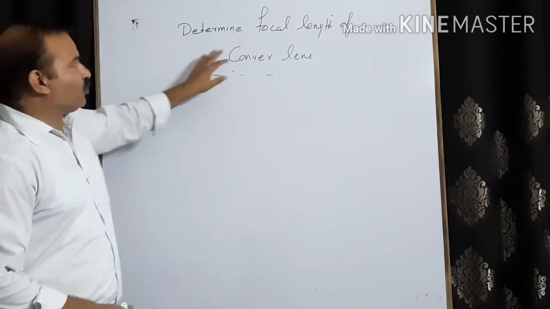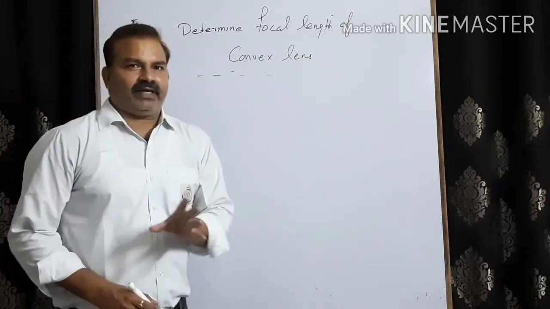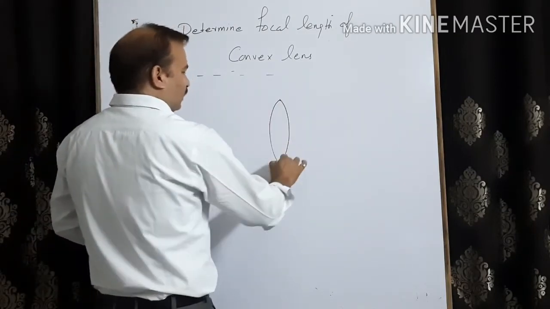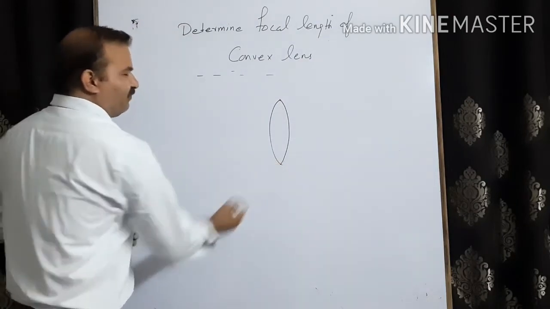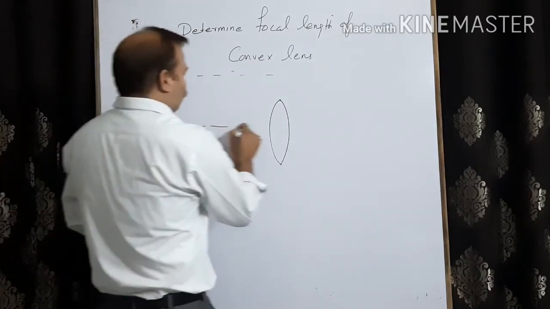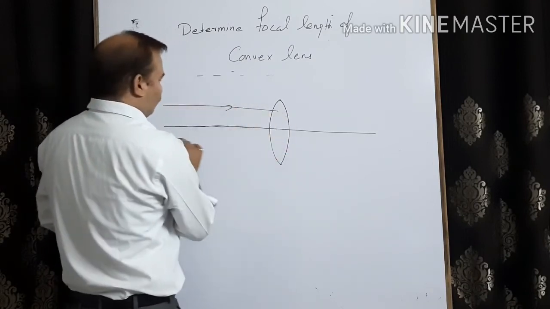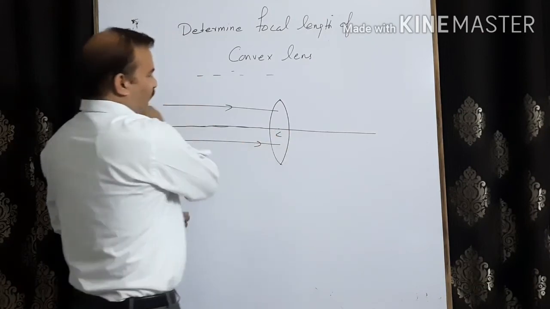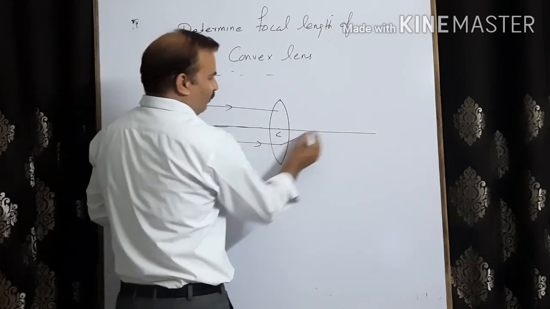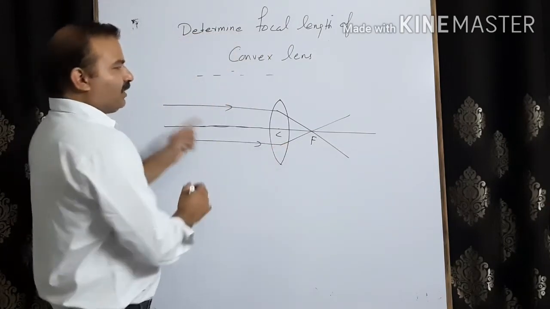Next is how to determine the focal length of a convex lens. The very easiest way is we'll take a convex lens, and we consider any object which is at infinity. Generally what we have is the sun, at infinite distance. So we consider the rays of light coming from the sun parallel to the principal axis, and after refraction it will pass through the focus.